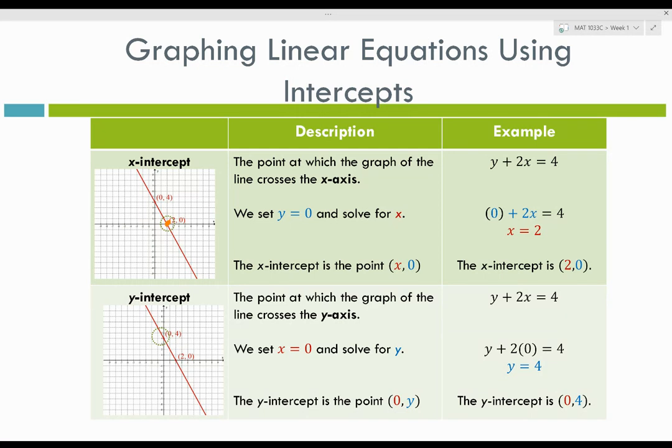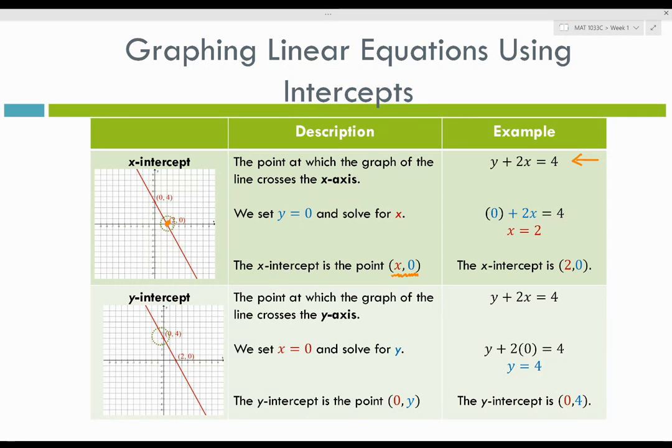That means everywhere that you see a y, you plug in 0 for y and then solve for x. So in this case, you have x equals 2. That is your x-intercept. Any x-intercept you have, you're always going to write in the form (x, 0). The y-coordinate will always be 0.